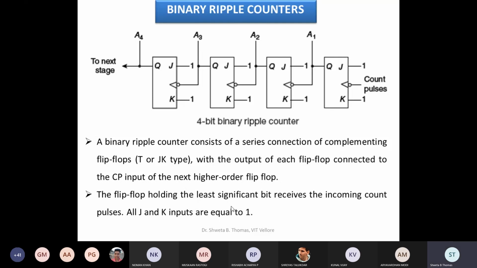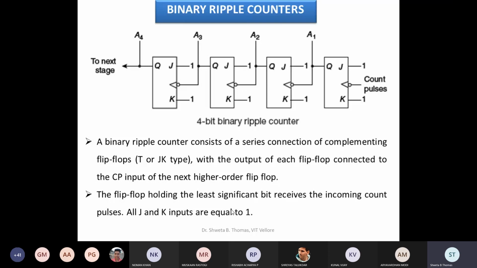Just see the diagram here. In all 4 JK flip-flops, the input is equal to 1, because we are using the complementing version only. For the count pulse, that is the CP pulse, a bubble is given, which means the flip-flop will work on the negative edge of clock pulses. That means when CP goes from 1 to 0, it will complement.